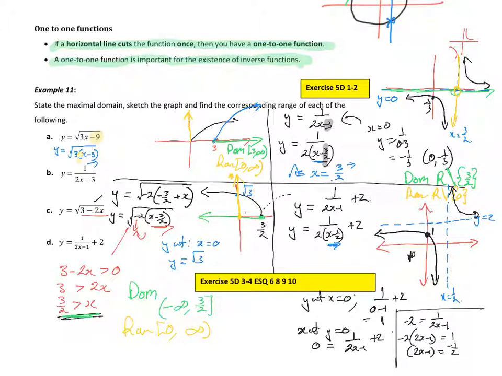Then I've got to add 1. So I'll get 2x equals negative a half plus 1, which is a half. Divide by 2, x is equal to a quarter. So that point there is 1/4.